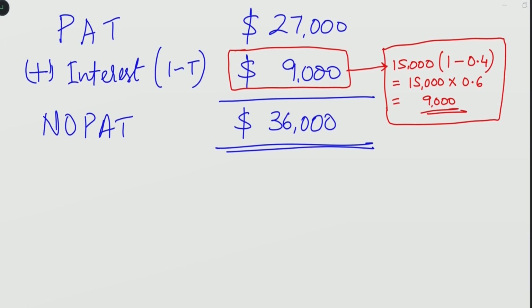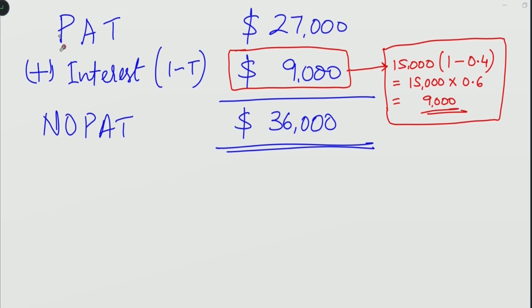Few questions many students will have in their mind: sir, why are we adding this first of all, and when we are adding it back, why are we considering this with the 1 minus T effect? We are not clear with this. So first of all, you understand what has to be done.